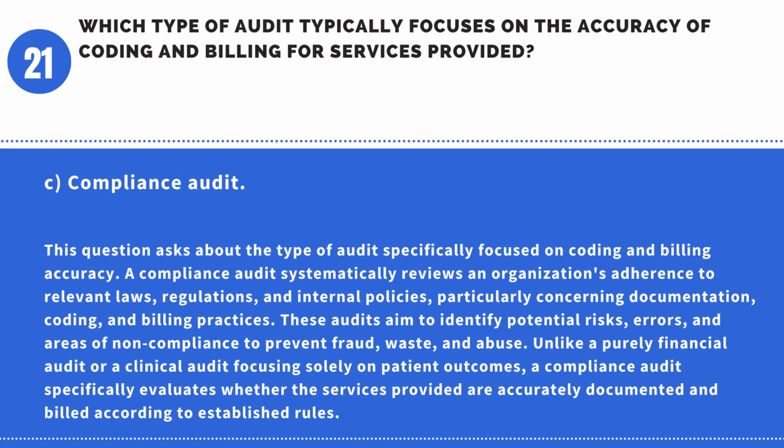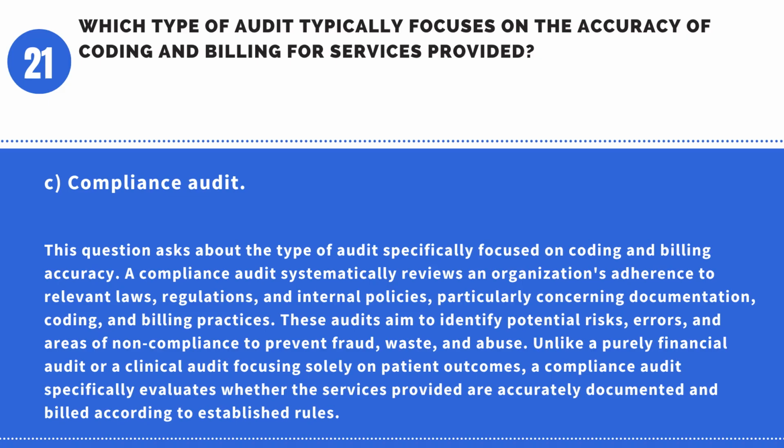Answer, C. Compliance audit. This question asks about the type of audit specifically focused on coding and billing accuracy. A compliance audit systematically reviews an organization's adherence to relevant laws, regulations, and internal policies, particularly concerning documentation, coding, and billing practices.